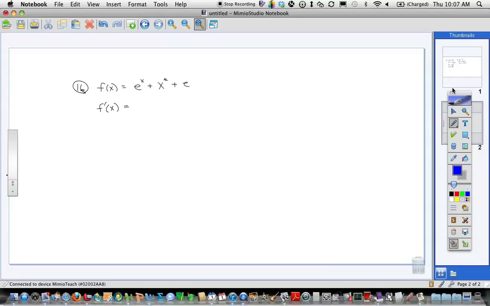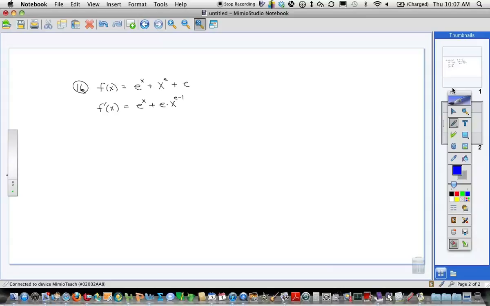Well, what's the derivative of e to the x? e to the x. How about x to the e? e times x to the e minus 1. Again, remember what I was saying earlier about ln 5 is just a number? e is just a number, 2.71.